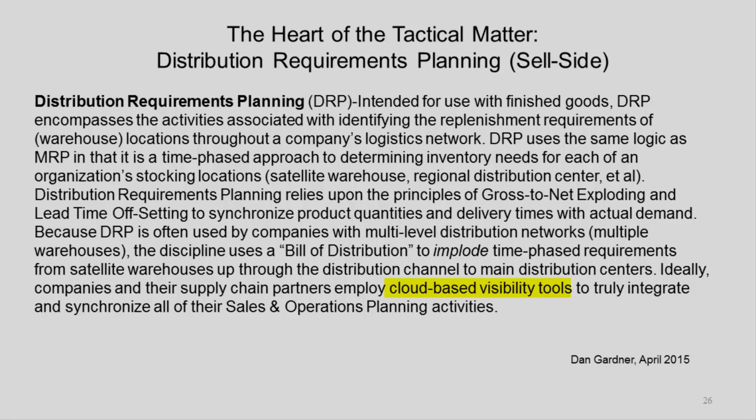Because ultimately, if we're making changes in DRP, which is a finished goods environment, that's going to trickle back up or cascade back up into master production schedules, into MRP quantities, whether we have to make more product or slow things down and make less product. All that information has to find its way back up the supply chain to either our own manufacturing entities or those of our third-party partners. That's really important to point out.